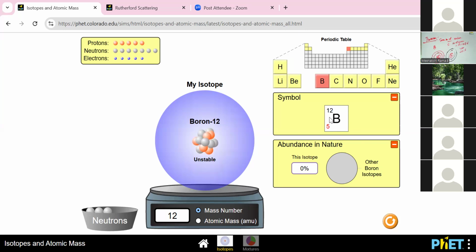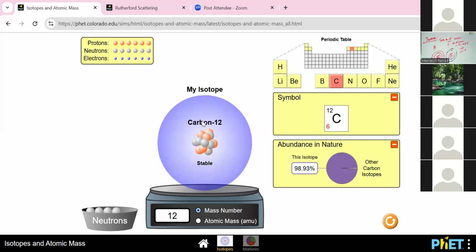The neutron level is increased. Now I'm choosing carbon. We studied that carbon 12 and carbon 13 are examples of isotopes. This is the carbon 12 isotope. The mass number is 12 and the atomic number is 6. The abundance of carbon 12 is 98.93%.